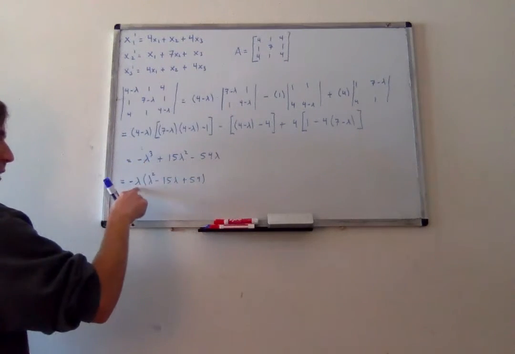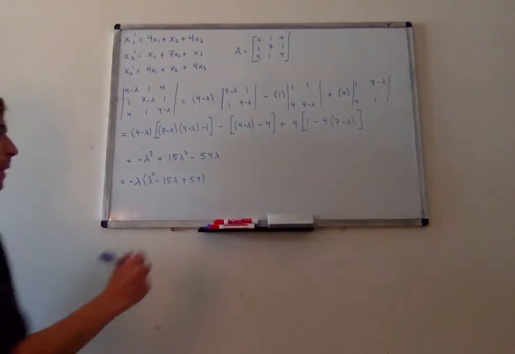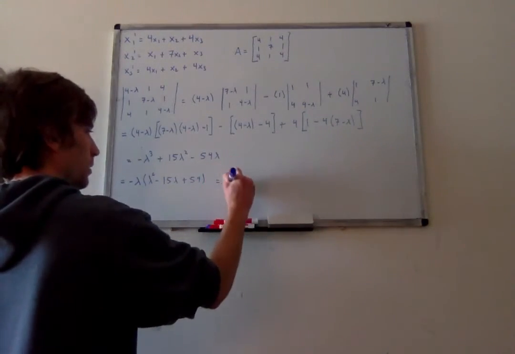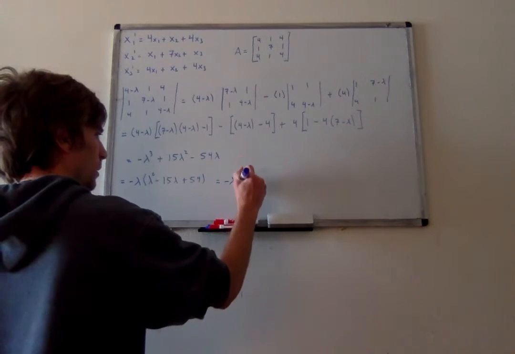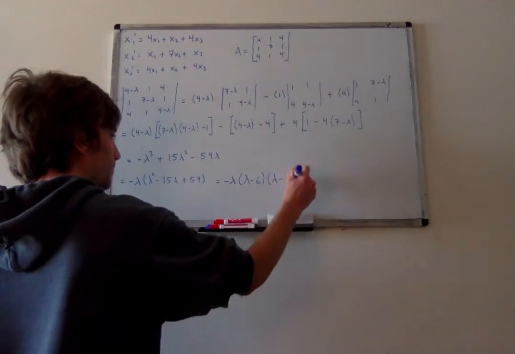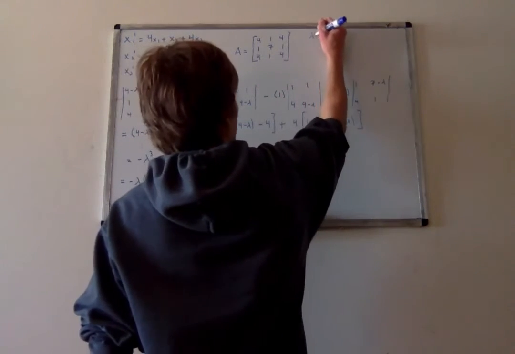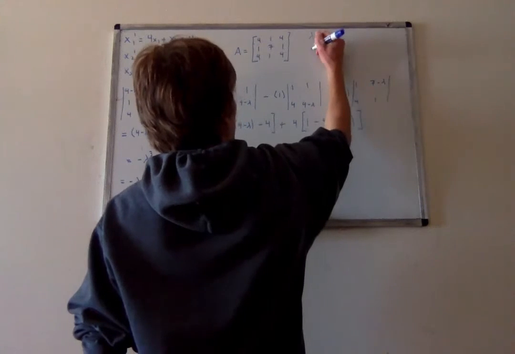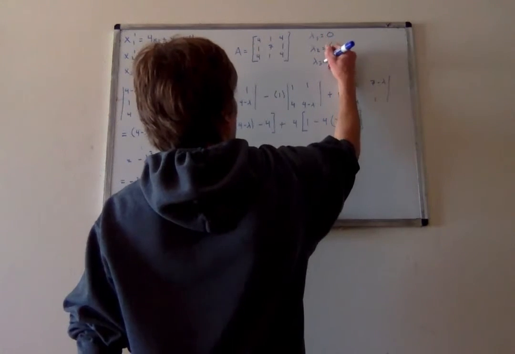So notice I just factored out a negative lambda and changed the sign of each term here. And so now this factors to give me negative lambda times lambda minus 6 times lambda minus 9. All right, so that gives us 3 eigenvalues for this matrix. Equals 9.